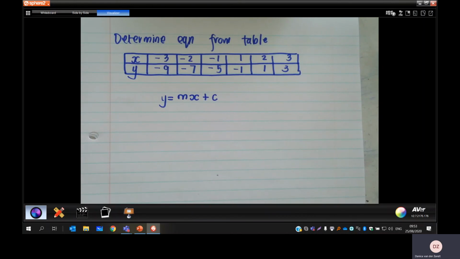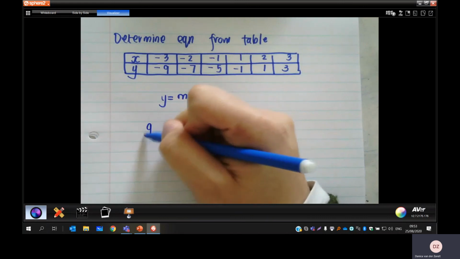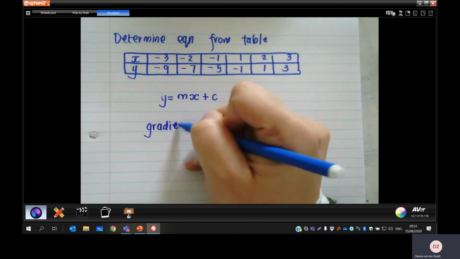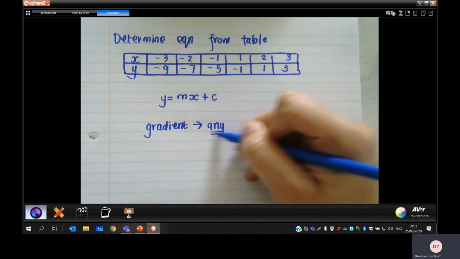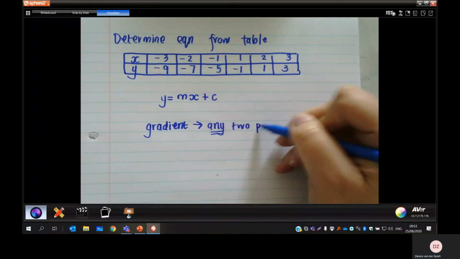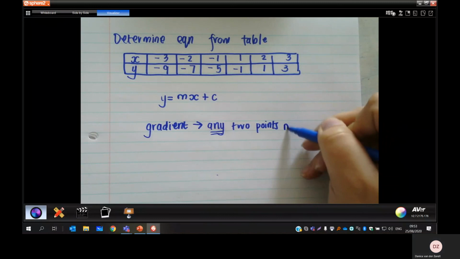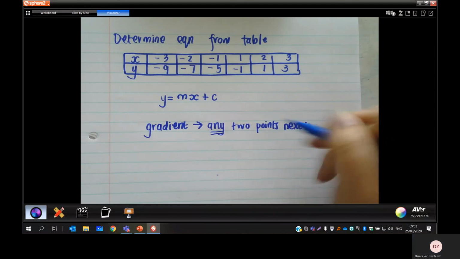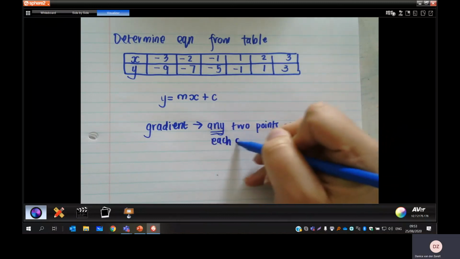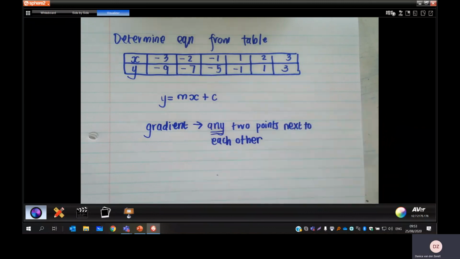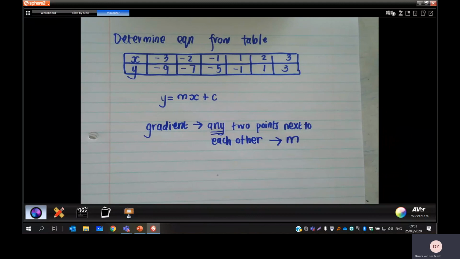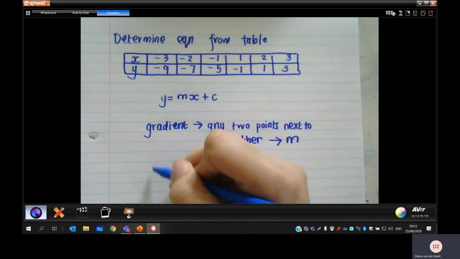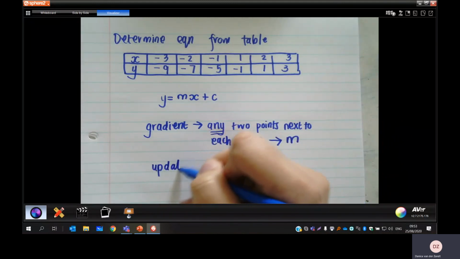That's the only difference. So for your gradient, you'll choose any 2 points next to each other and calculate m. And that gives you m. You're going to update the equation with m.